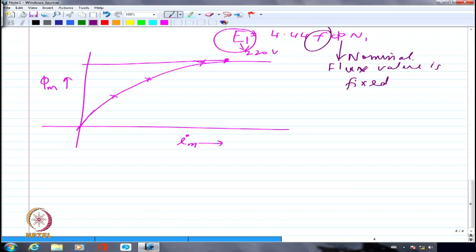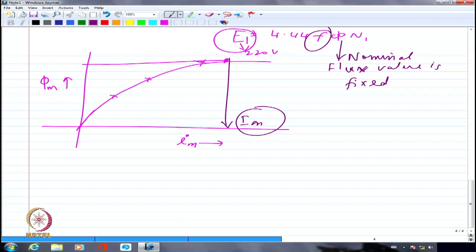Because we say nominal voltage is this, nominal frequency is this, and nominal flux value is fixed. If the nominal flux value is fixed, clearly I will have the magnetizing current also fixed. And the operating point is fixed, which means the inductance is fixed. So at rated operating condition, we are going to have Lm as a fixed value. It will not be changing.